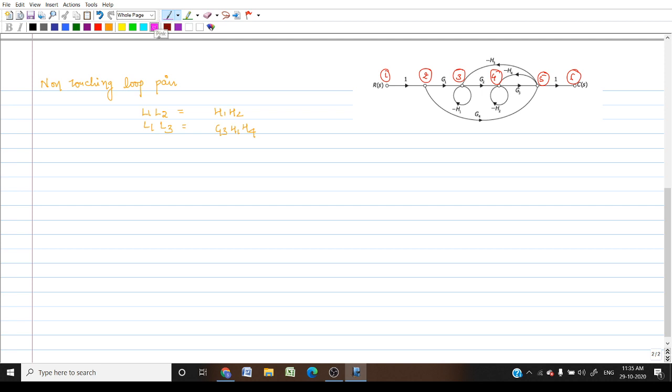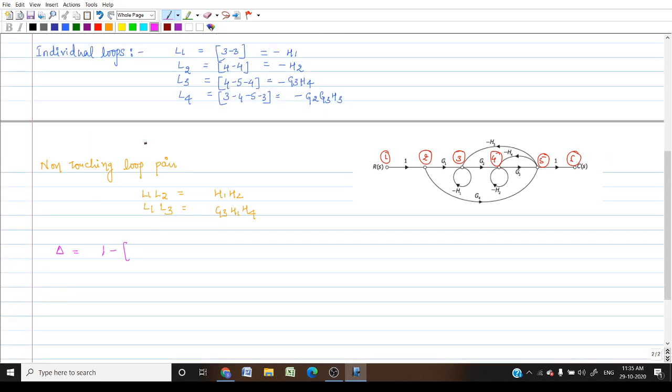Delta is equal to 1 minus the sum of all the individual loop gains.